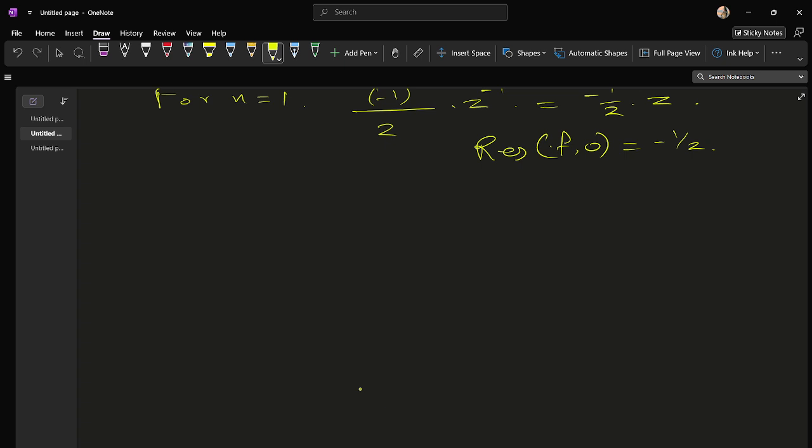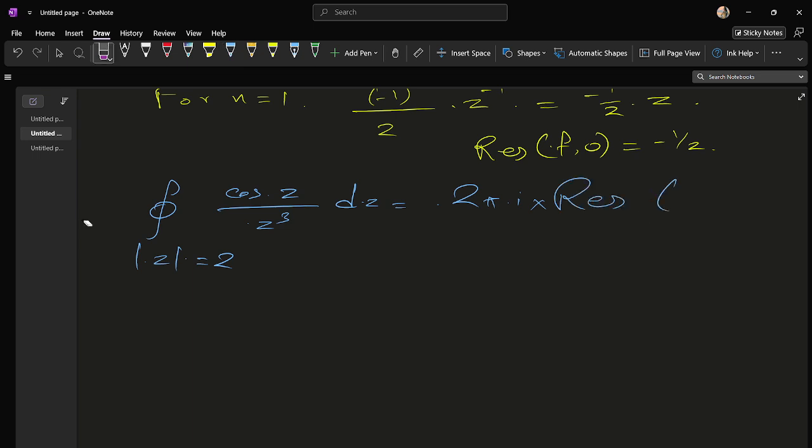By the residue theorem, the contour integral around mod z equals 2 of cos z by z cube dz equals 2 pi I times the residue of f at 0, which is minus half.